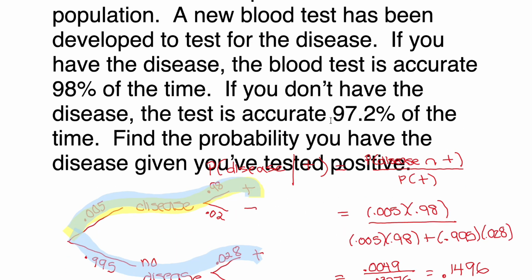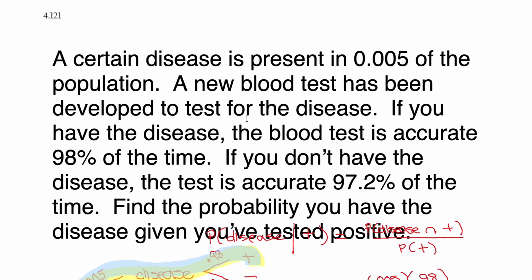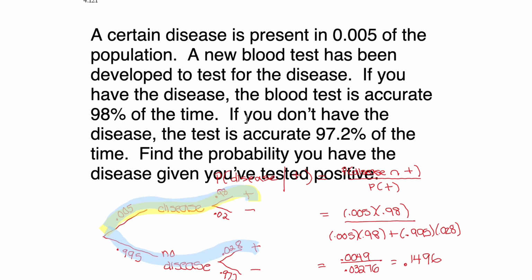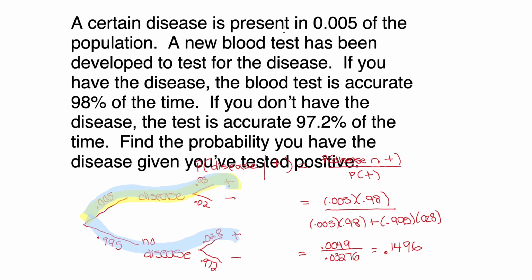So it seems like we have 2 conditions to meet, and it may get very confusing if we try to approach this using formulas. So a good way to do it is to use tree diagrams. First of all, the disease is present in 0.005 of the population, and 1 minus that value will give you 0.995 of people who don't have the disease.